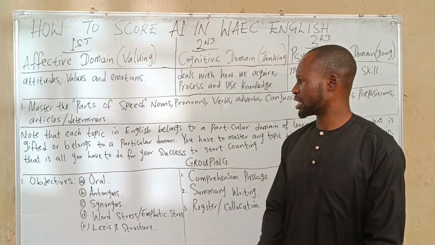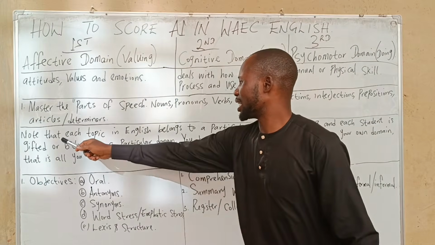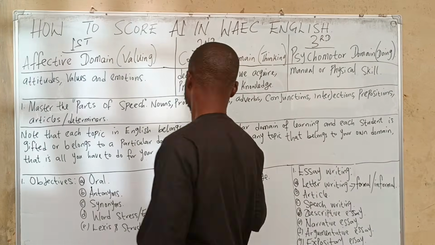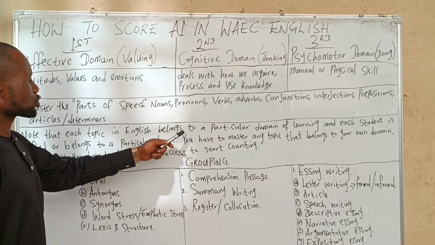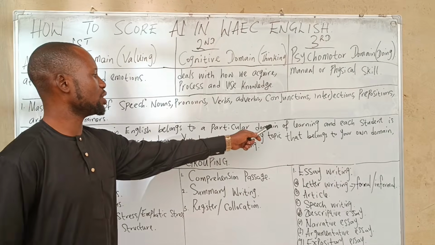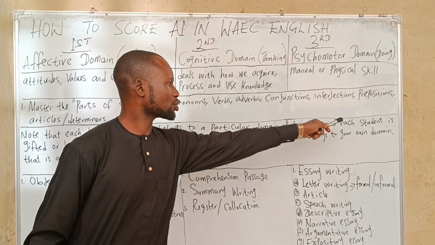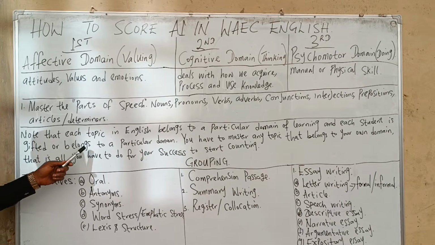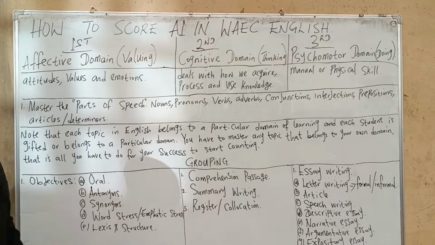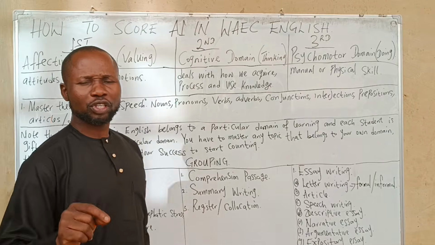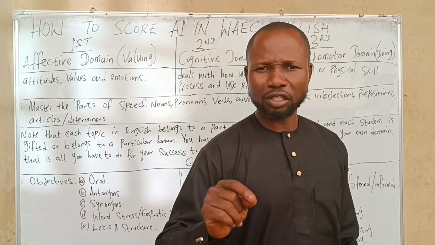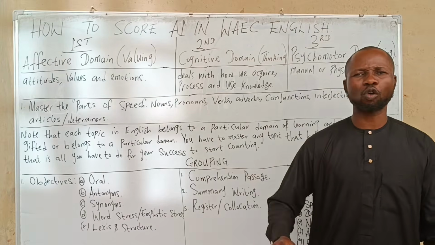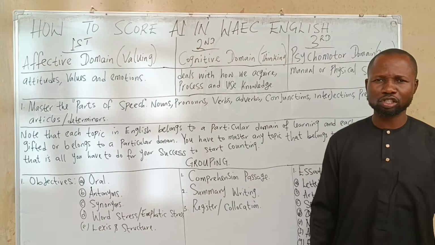Then I now say something. Note that each topic in English belongs to a particular domain of learning, and each student is gifted in or belongs to a particular domain. Yes, each topic we give in English belongs to a particular domain, and you can't be master in all these domains. That is just the truth.